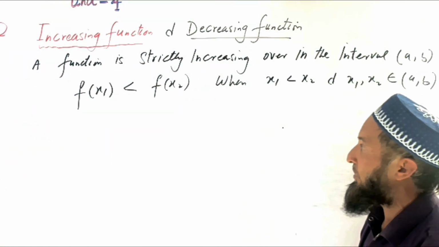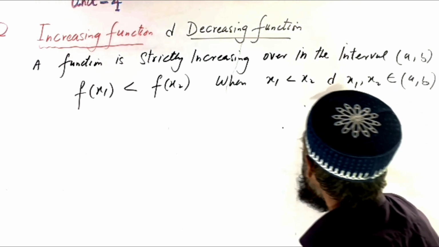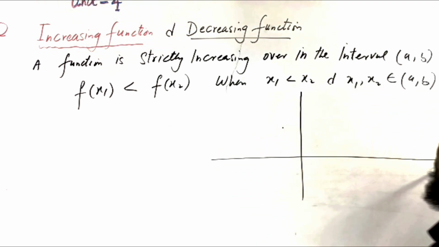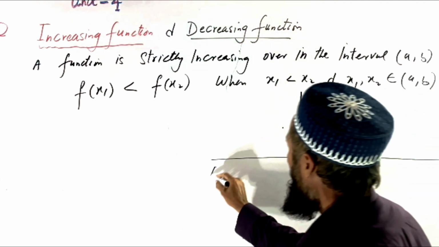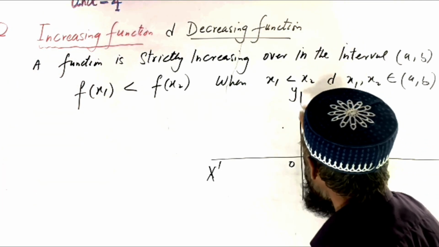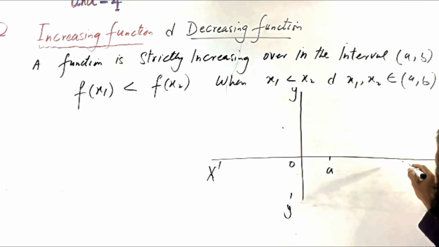Graphically, we draw the x-axis, origin and y-axis. These are the two points a and b.